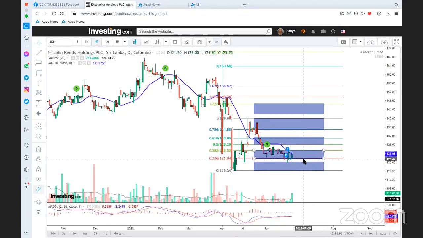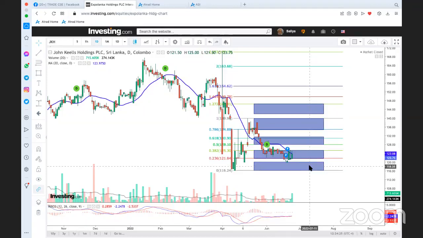And the reason why we have a zone like this, area like this, is because let's say you want to buy JKH, then your first buy order can be placed at maybe 121.75 or maybe 122 rupees. Make use of these areas for you to collect first.